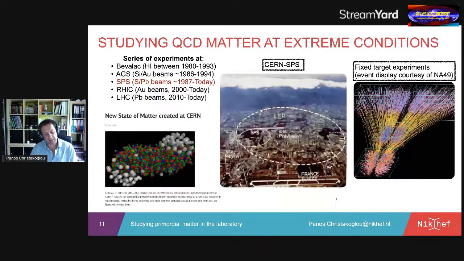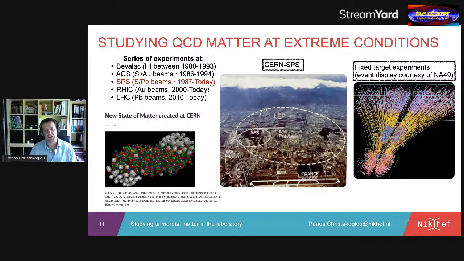This state of matter has been the focus of intense and versatile, systematic experimental programs throughout the last 4 decades or so, starting from Bevalac and AGS in the United States, then the Super Proton Synchrotron at CERN, which started in 1987 or so and lasts even until today.